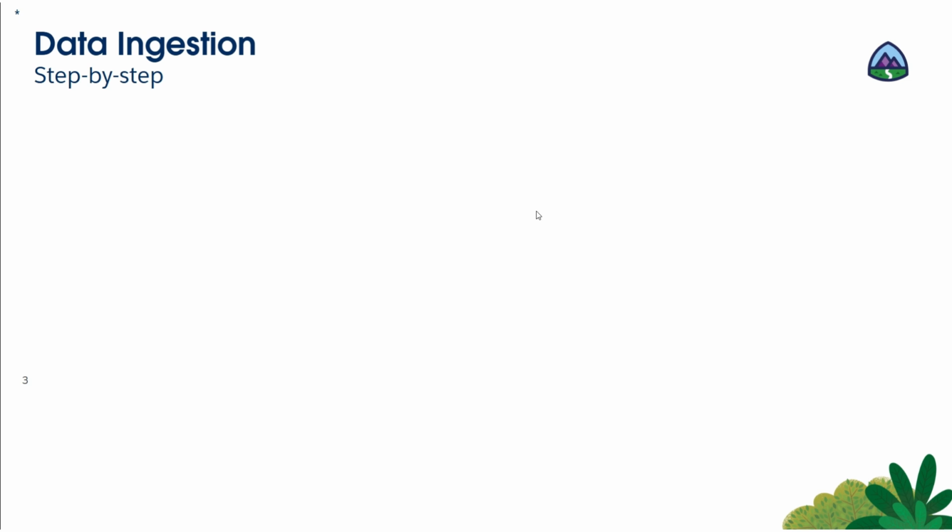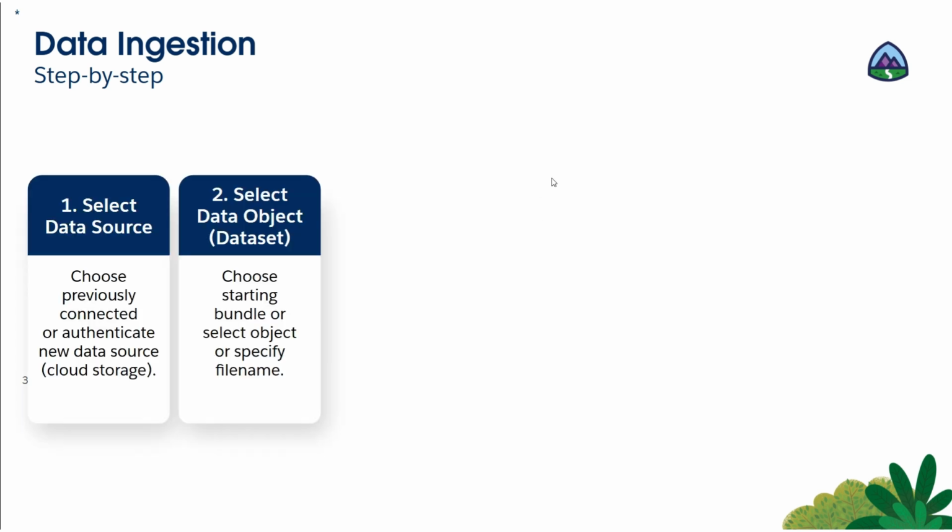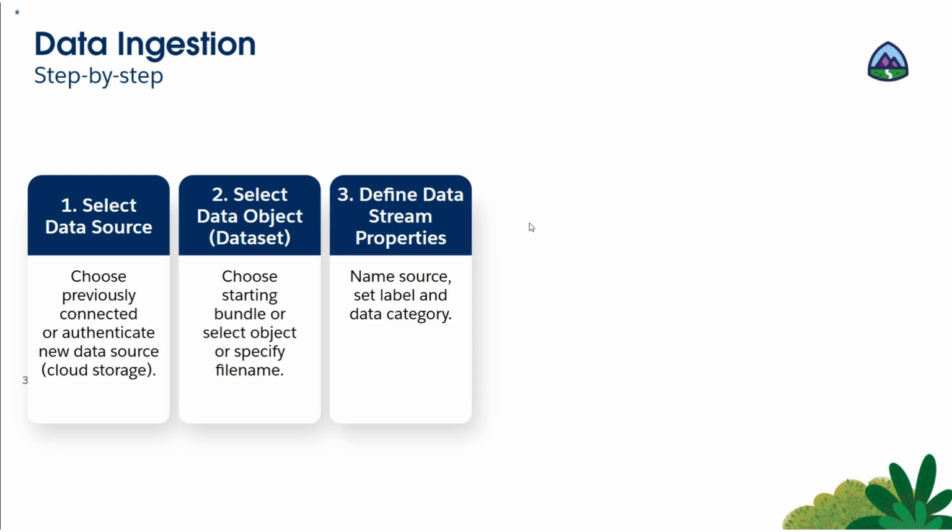As for how data ingestion works, step by step, you will select a data source, select a data set from that source, and create a data object out of that. We'll define the properties of the data stream by looking at a sample set of data, and we'll look at that in our example in a minute.